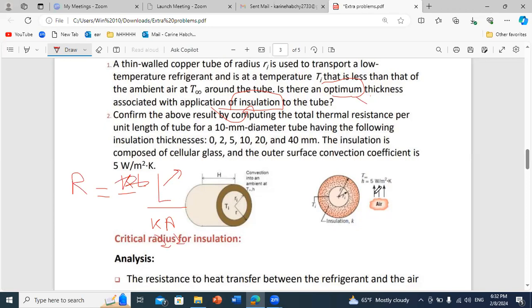Now here you don't have a plane wall, you have a circular wall. So I will give you the formula. We will tell you what the form of resistance is.